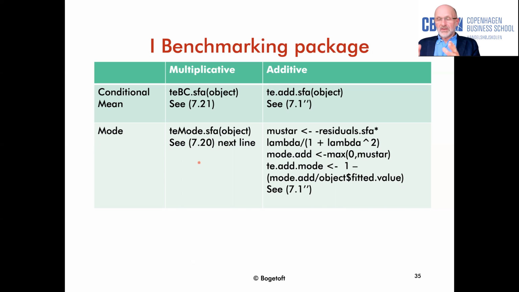Just remember that you're then using a multiplicative model. And if you want to estimate the efficiency in the multiplicative model, which was the expected value of the exponential of minus u, then you use this function, which is called technical efficiency bc.sfa, and you write the result of the SFA estimation in here.